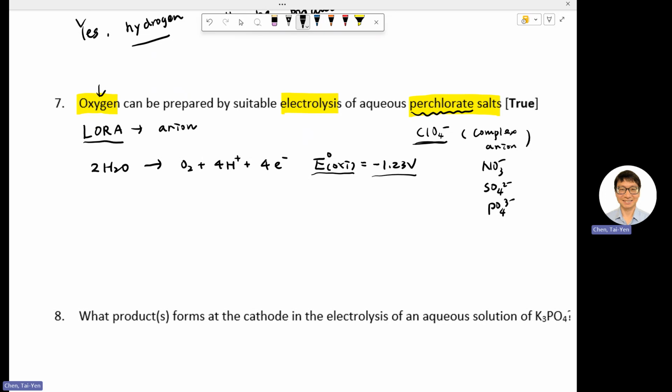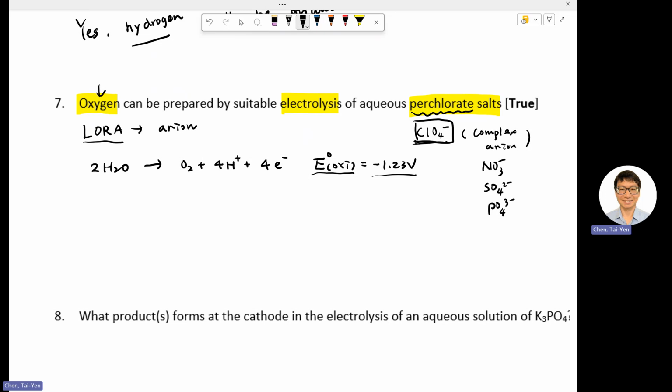All of these are complex anions, and they're extremely stable. If you want them to undergo oxidation or reduction, they typically don't do that. In fact, if you want to find out the oxidation potential of ClO4 minus, you can find it.